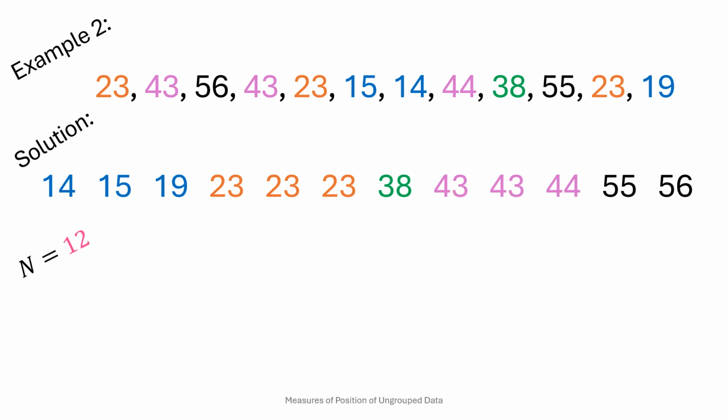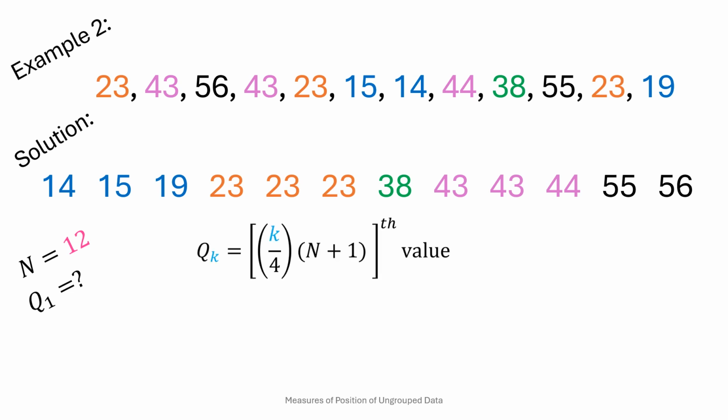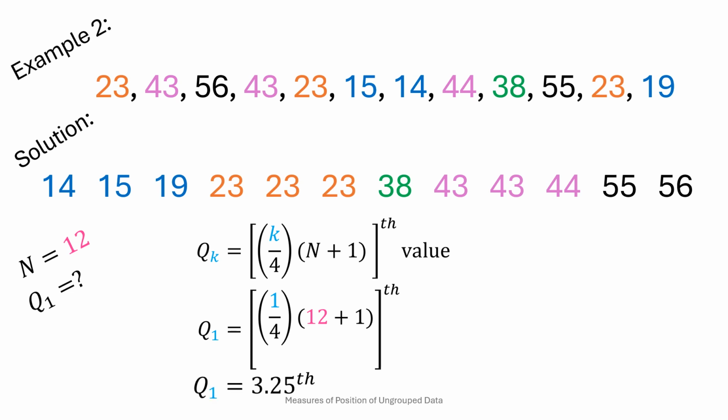Therefore, n is 12. Let's start finding the first quartile, or the lower quartile, using the formula to find the quartile, and then substitute the given. K is 1, n is 12. Therefore, the position of the lower quartile is at the 3.25th value.